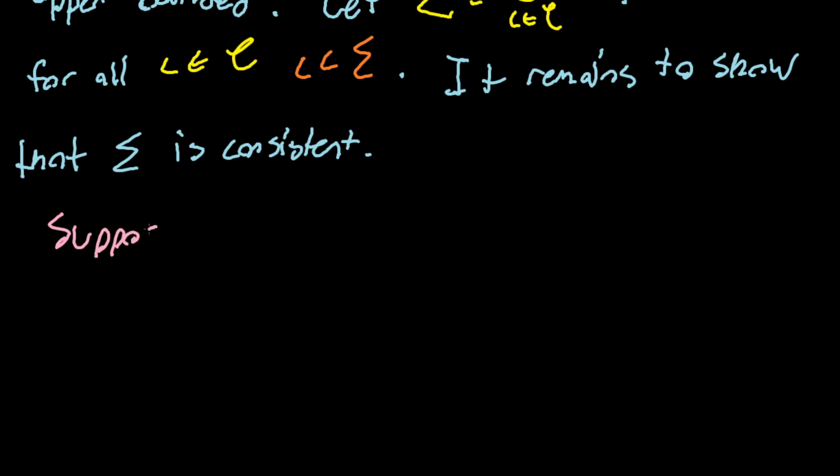So suppose, and I won't ask you to think through these, sigma is not consistent. So what does that mean?